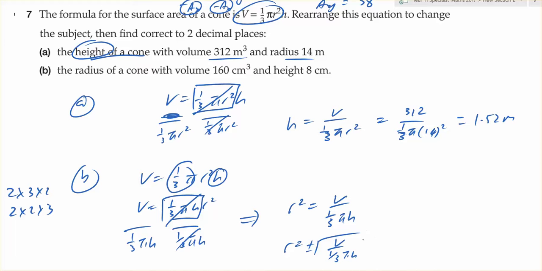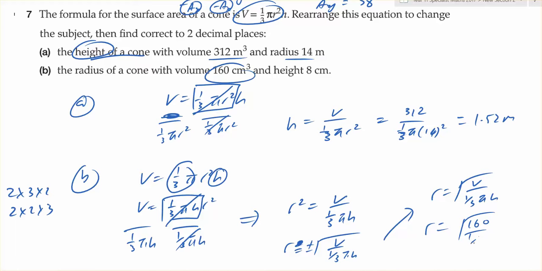Now, in this case, we're talking about a radius. A radius cannot be negative, can it? So we disregard the negative solution. So r is just the positive version, the square root of V over a third pi h. I sub in the values it gives me. The volume is 160, and the height is 8.